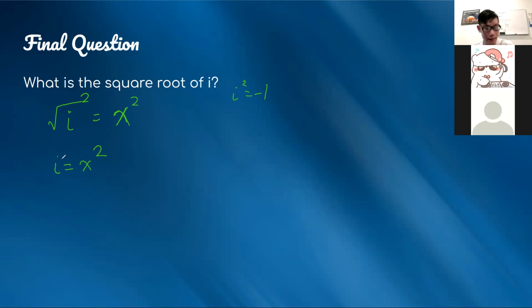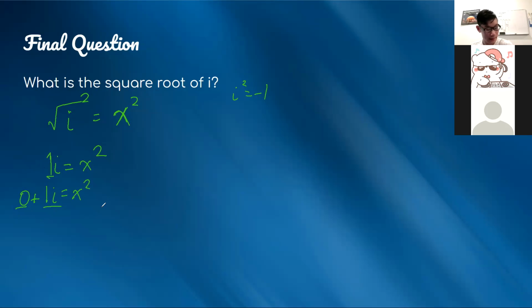And i is basically saying 0 plus 1i equals x squared, because i is a complex number, and we know that complex numbers are made up of its real term and its imaginary term, right? So the real term doesn't have anything, so it's 0, but the complex term is just i, and it's just 1i, right?